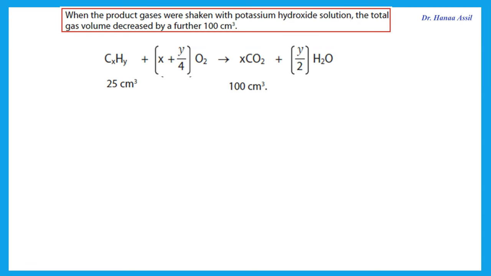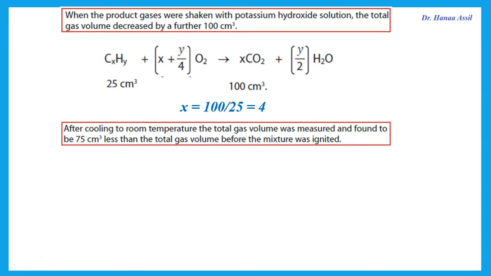We were told that we start with 25 centimeter cubed of the hydrocarbon. So 25 centimeter cubed gives 100 centimeter cubed. Again, this is at room temperature and pressure, and these are gases, so we can relate the volumes directly. That means 1 mole of the hydrocarbon would give 4 moles of the carbon dioxide. So that means x is 4. So that's it. Now, what is y?